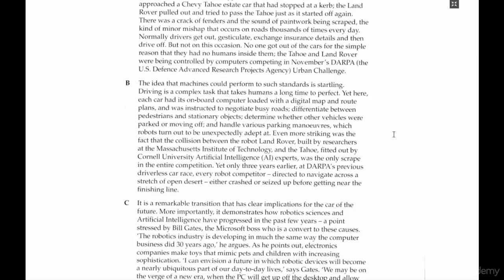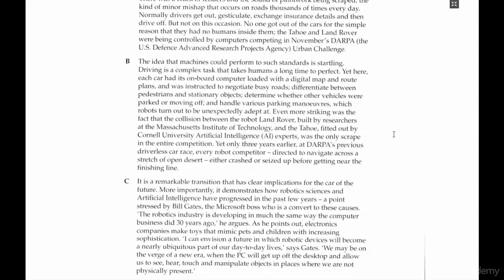Let's look at the second one. The idea that machines could perform to such standards is startling. Driving is a complex task that takes humans a long time to perfect. Our last sentence says, yet only 3 years earlier, at DARPA's previous driverless car race, every robot competitor directed to navigate across the stretch of the open desert either crashed or seized up before getting near the finish line.